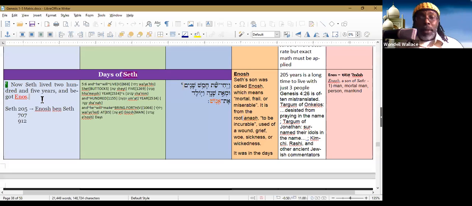Only thing that makes sense to me, though, is that perhaps the calendar may have been different, but we can see that if there was a calendar that existed here, it's definitely a different calendar by the time Noah enters that ark, because the flood waters are on the planet for about half a year, okay? And then I think it takes a whole entire year for the waters to assuage, okay?